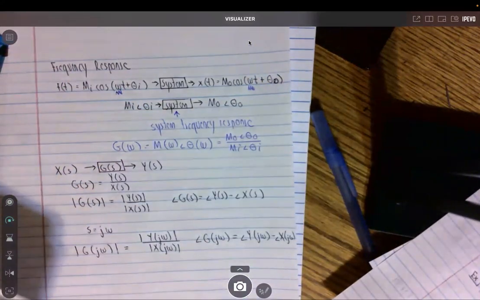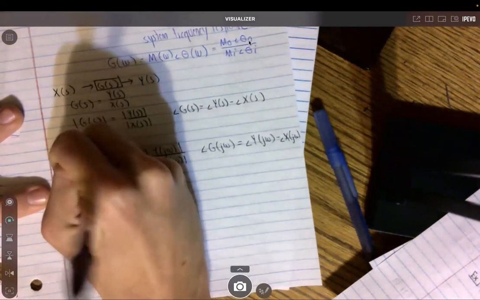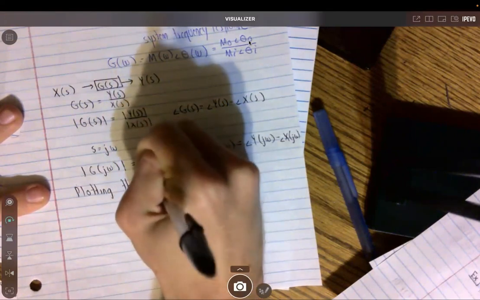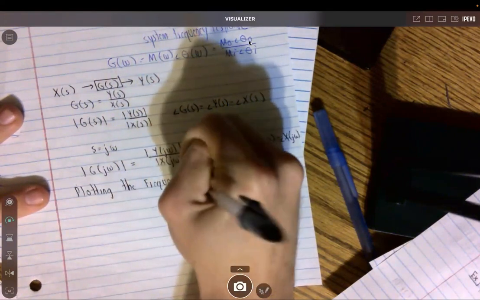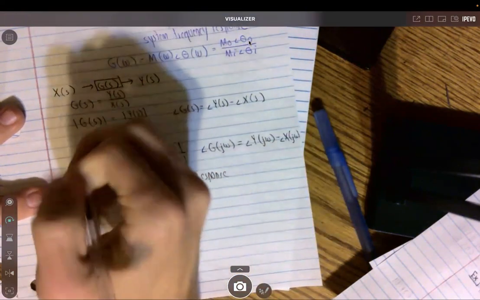We're going to plot this. And so for the frequency response, there are two types of plots you can use. The first one is known as the Bode plot.